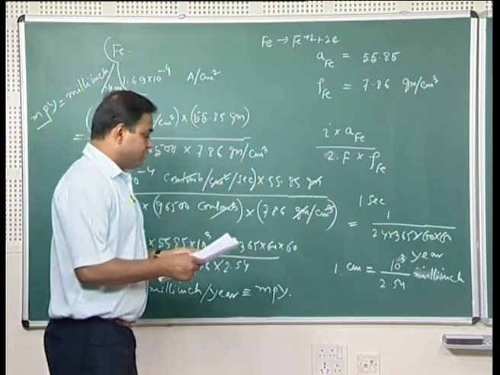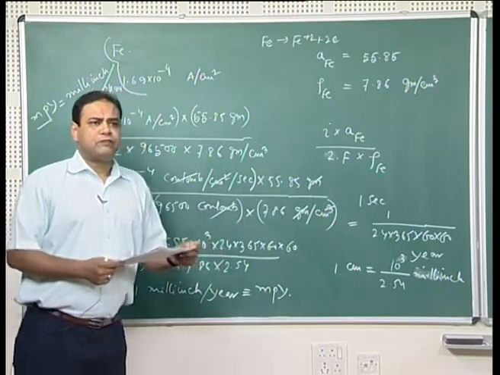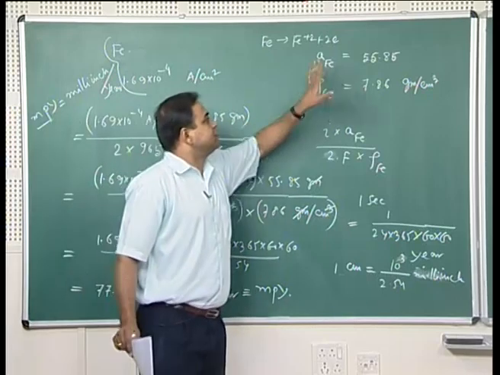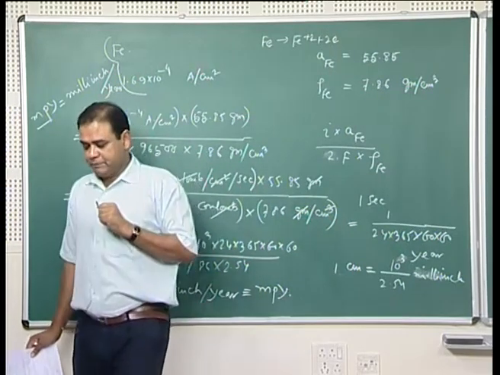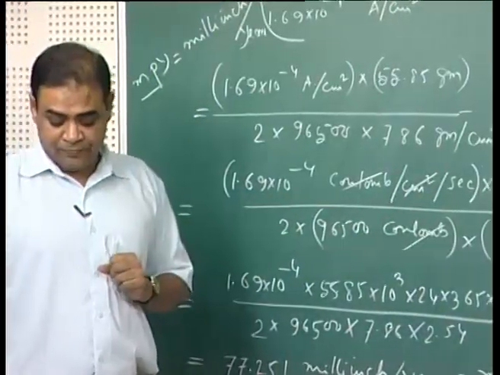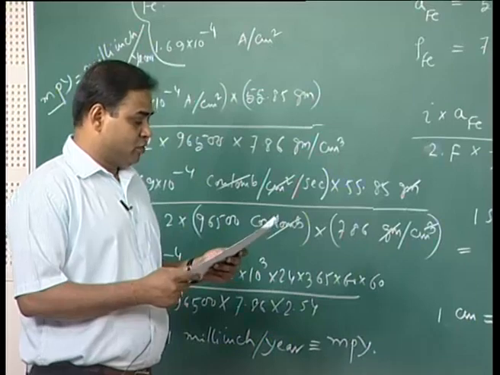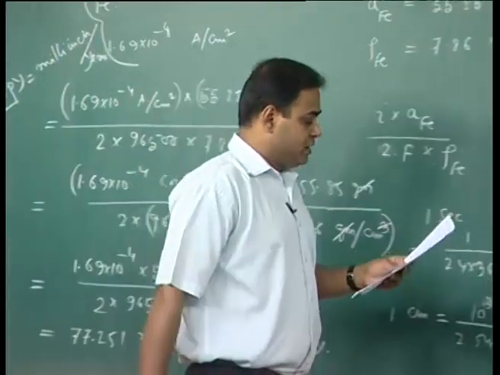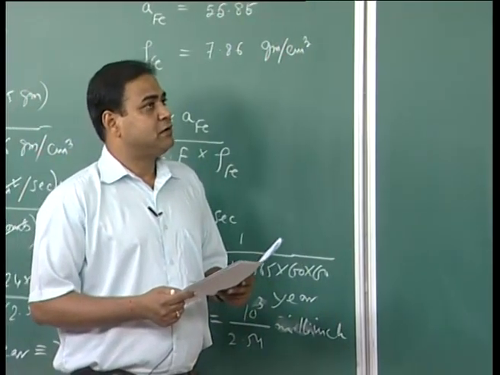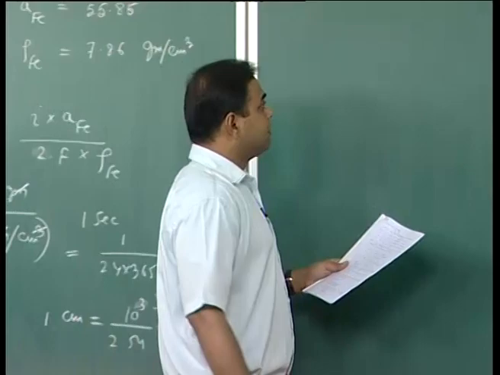Now, let me solve one more problem, that is the corrosion rate of an alloy. For a pure metal it is very easy. You take the atomic weight of the pure metal and accordingly calculate the corrosion rate. In case of an alloy, as we have already seen, you have to take the gram equivalent for the alloy. How to calculate the gram equivalent for the alloy?